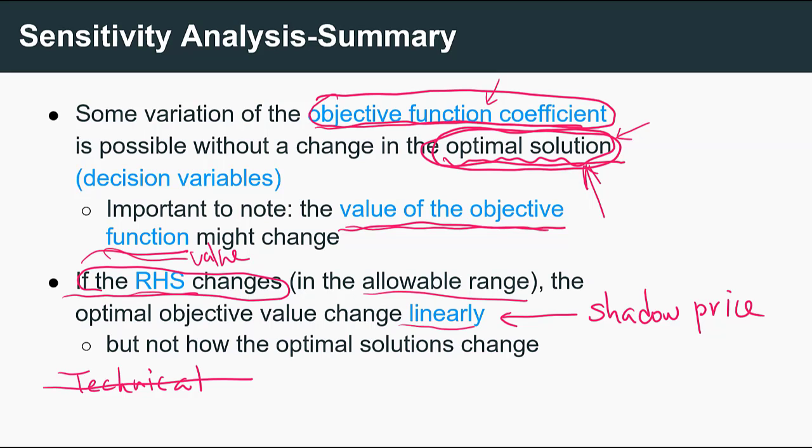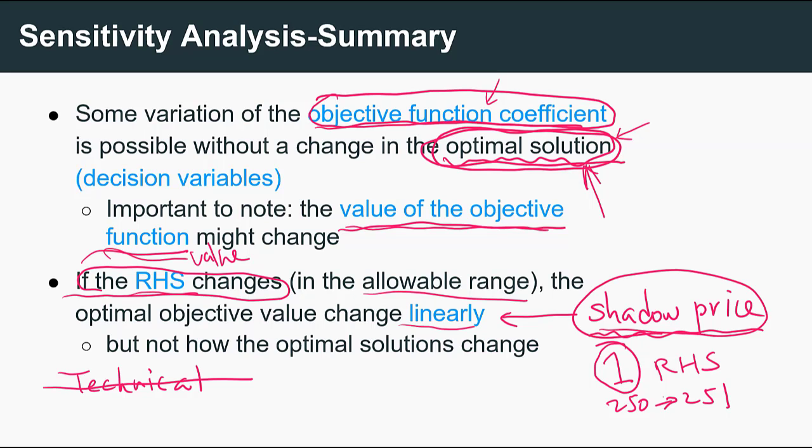If it's within the range, then you know for 1 unit of change in the right-hand side value, we used the length as an example, a change from 250 to 251, the change in the objective function value is the shadow price.